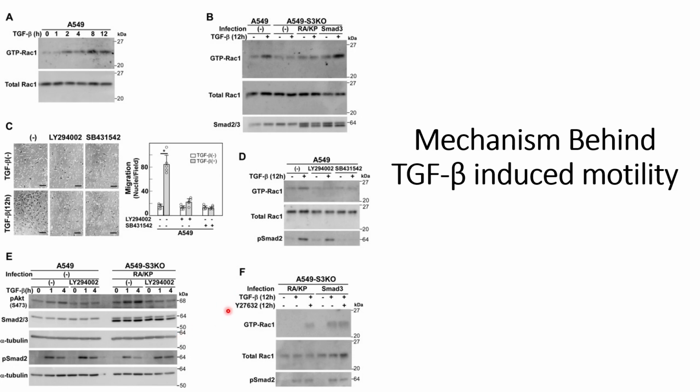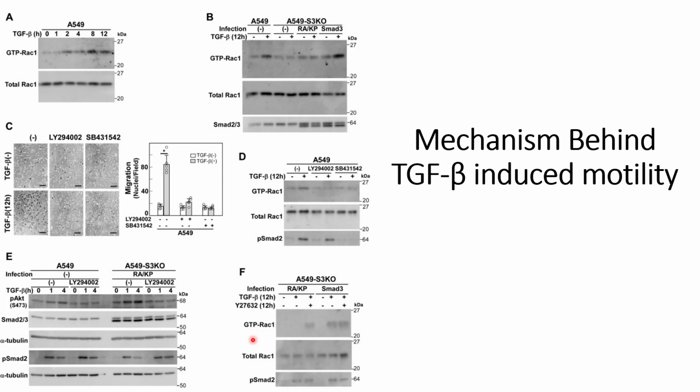And thereafter they checked the literature and found that some of the ROCK inhibitor pathways might downregulate these GTP activations. So they wanted to check whether it's the ROCK pathways that downregulate the GTP-RAC1 activation in these mutated SMAD3 infected cell lines or not.